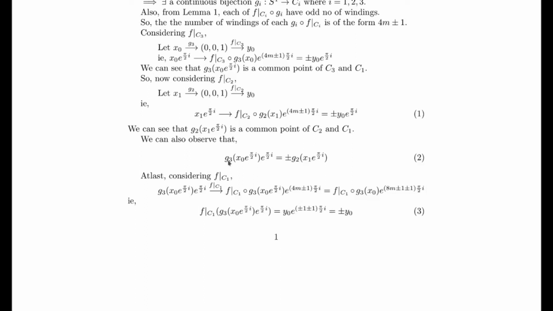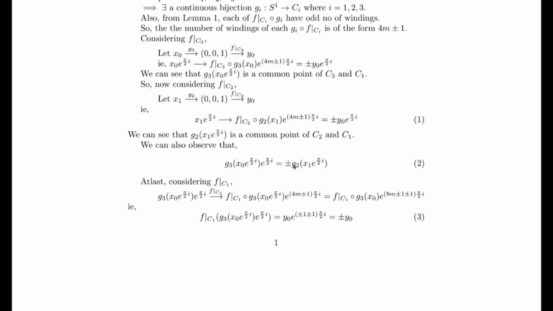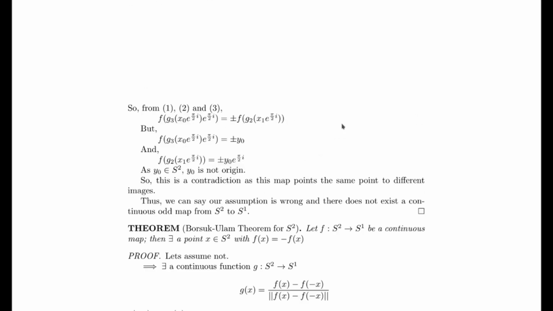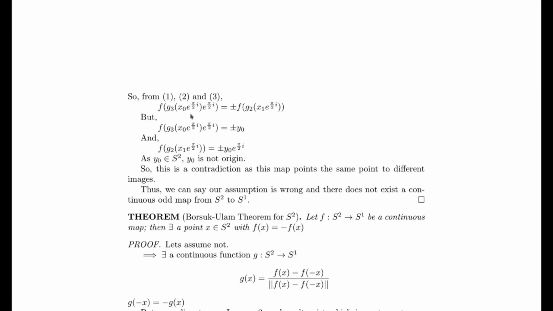So the image of the rotation of this point points to this, but the image of this point points to this, which is given by C2. But both of the points are the same, so their image should be the same, because f is a function.